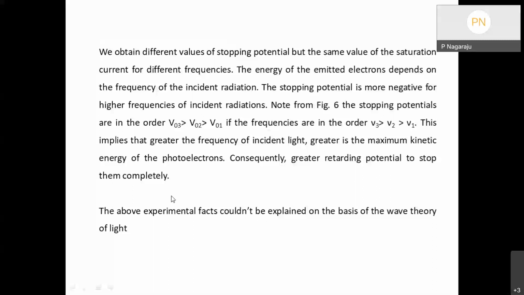The stopping potentials are in the order V03, V02, V01 if the frequencies are in the order nu3, nu2, nu1. This implies that the greater the frequency of the incident light, the greater is the maximum kinetic energy of the photoelectrons, and consequently the greater the retarding potential.